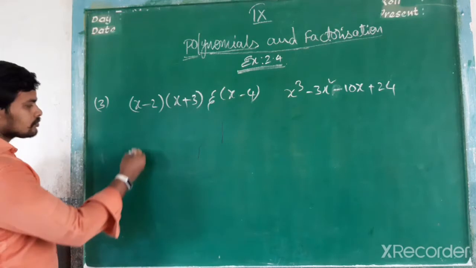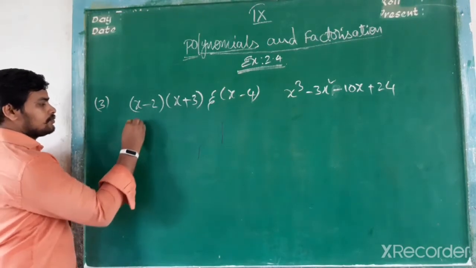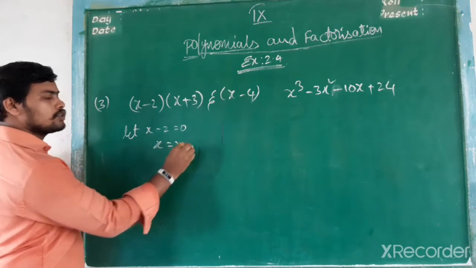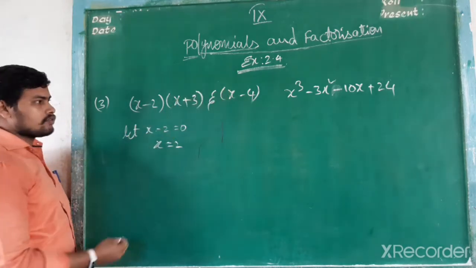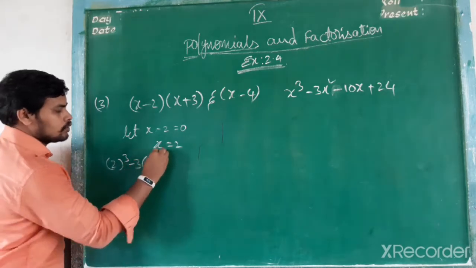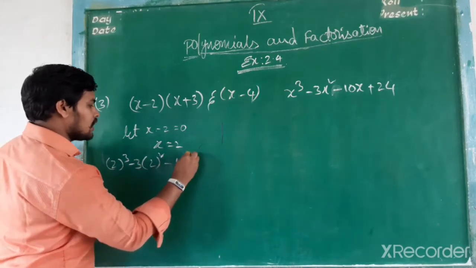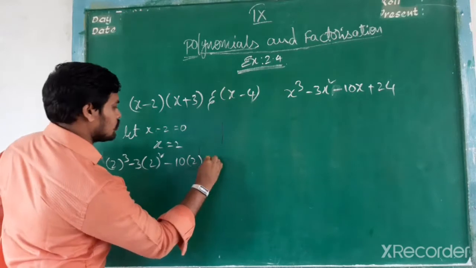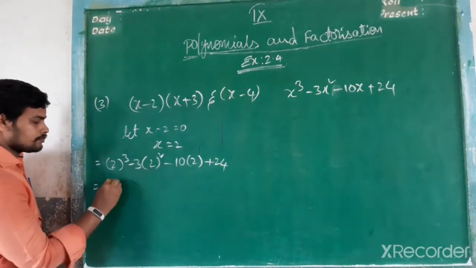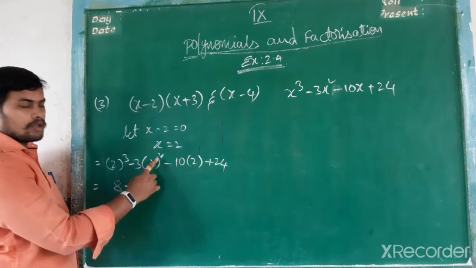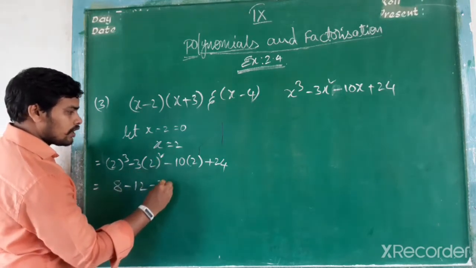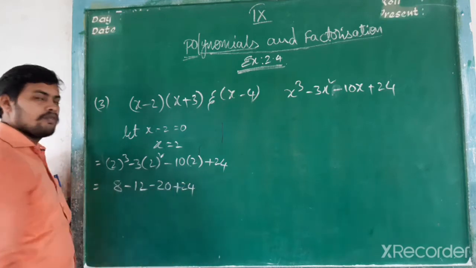Simply first let x minus 2 equal to 0, so x equals 2. Simply substitute the x value: 2 cube minus 3 into 2 square minus 10 into 2 plus 24. 2 cube value is 8, 2 square value is 4, 3 into 4 is 12, minus 10 into 2 is 20, plus 24.